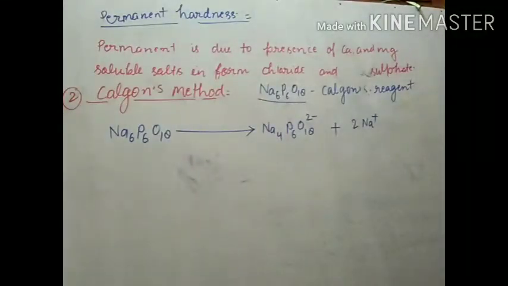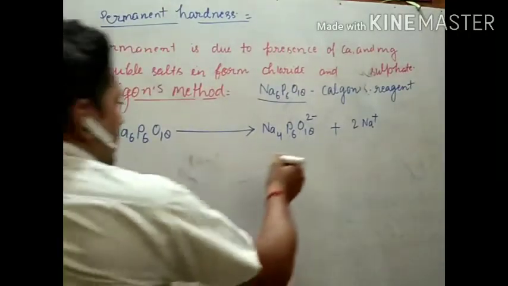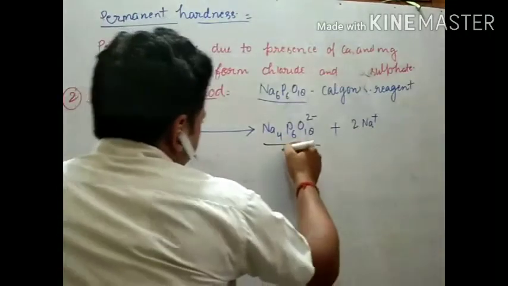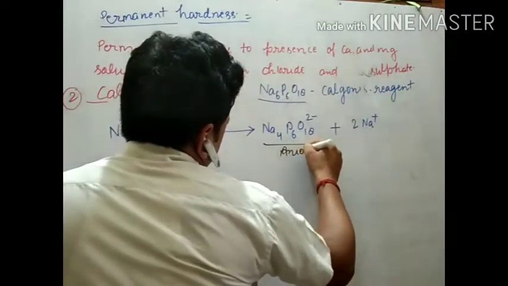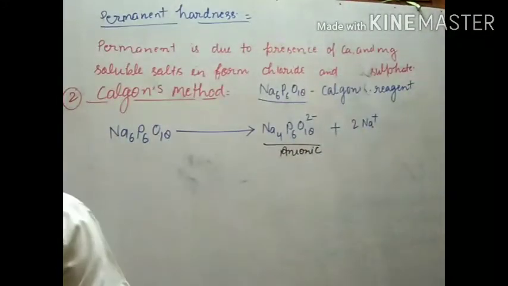It ionizes like this, and it reacts with calcium or magnesium ions. This means the anionic part, and by that we can say the cationic part.